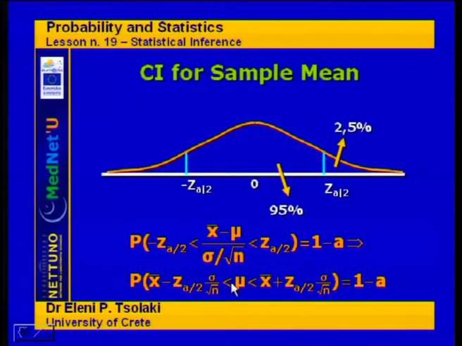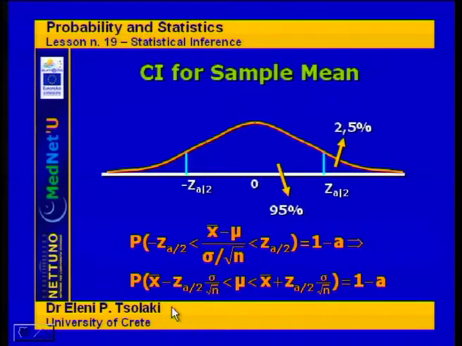And so, by reordering this, leaving only mu here and bringing on the other side the sample mean, the standard deviation and the square root of n, we obtain that with probability 1 minus a, the true value of the population mean will be between these two numbers.